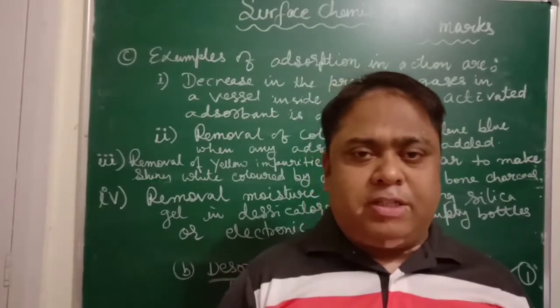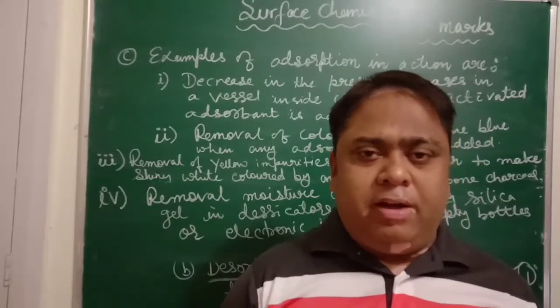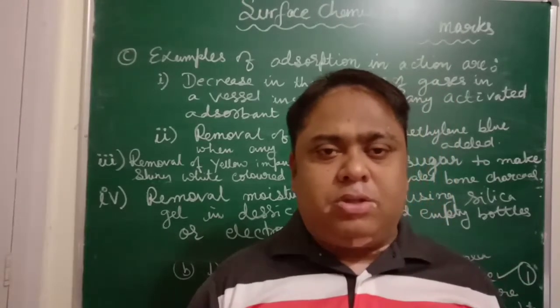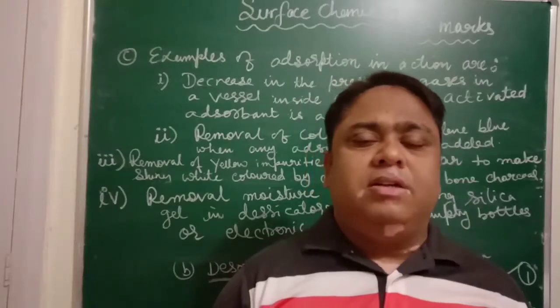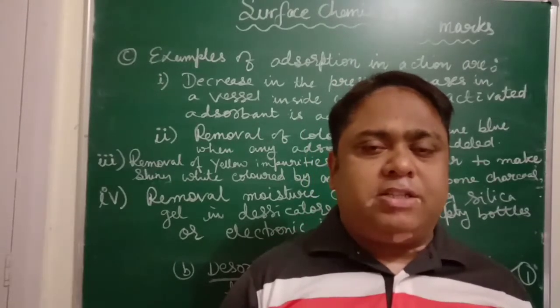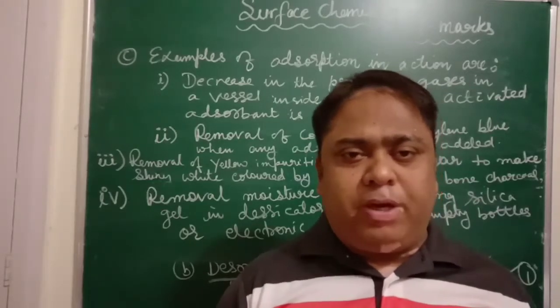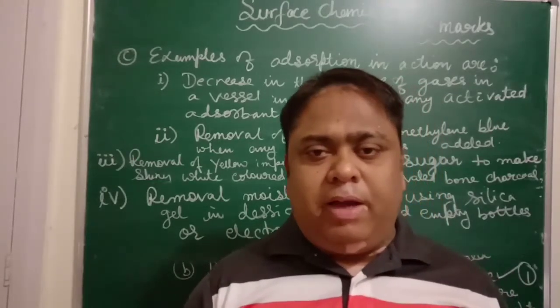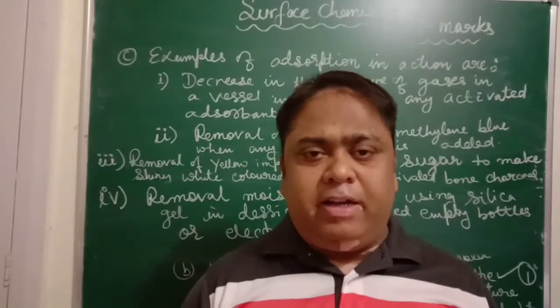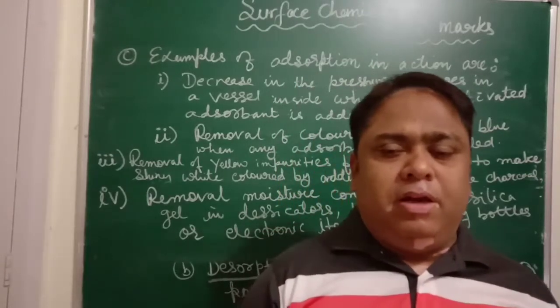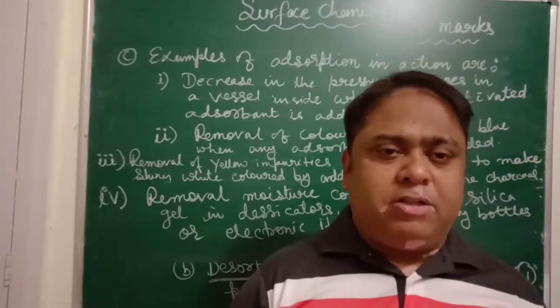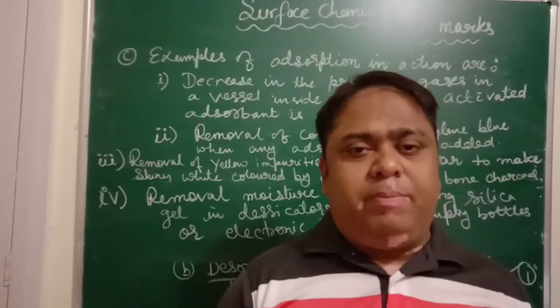For example, if you are near the coastal area and if you have table salt, you will find that in the winter season the table salt becomes moist. The salt absorbs moisture and becomes hygroscopic. Basically, NaCl, which is analytical grade, is not hygroscopic in nature. If you take pure sodium chloride, then moisture will not be absorbed.